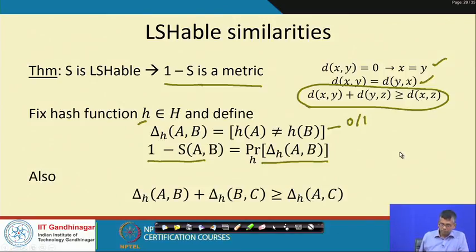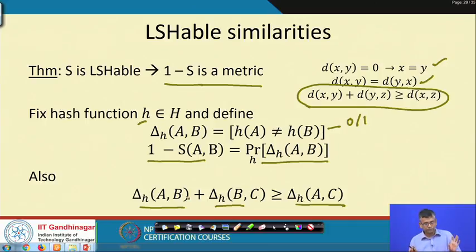But now, what you can say is that the 0-1 random variables delta_h(A,B), delta_h(B,C) and delta_h(A,C) must satisfy this property, and it is easy to see why. Let us argue the other way around.